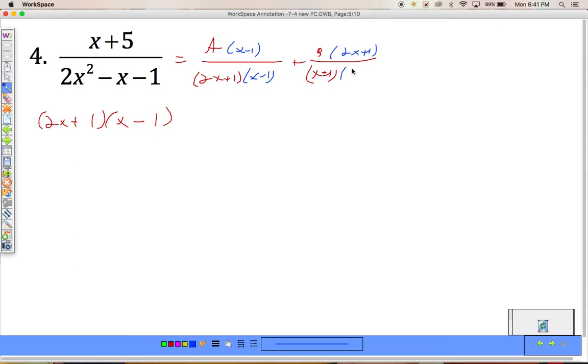Common denominators. So now I have x plus 5 equals a parentheses x minus 1 plus b parentheses 2x plus 1. We're going to pick two values of x, negative 1/2 and positive 1.